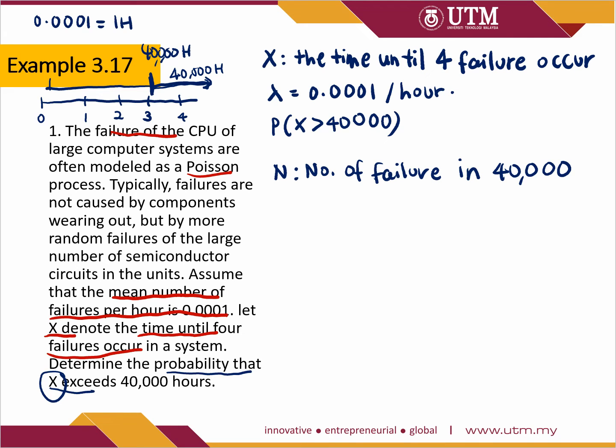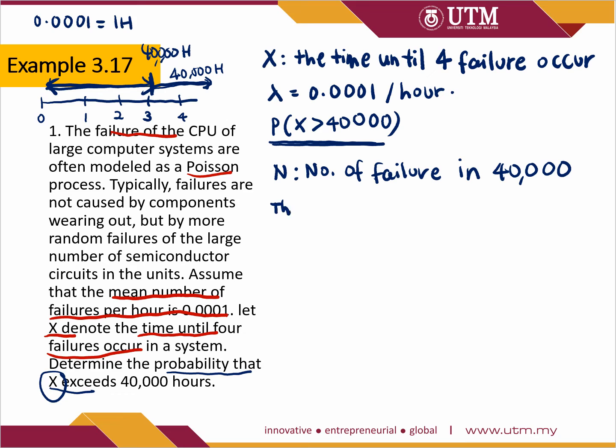Meaning that the number of failures in 40,000 hours would be 3. So we can also define our X in terms of the number of failures in 40,000.